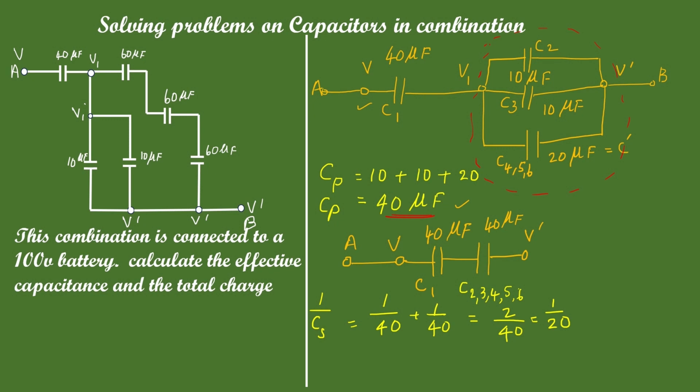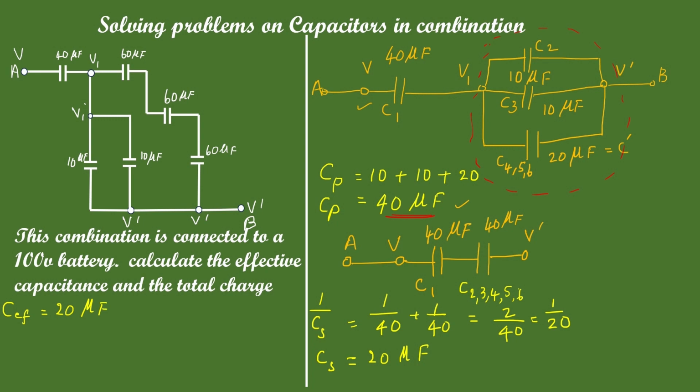So finally we have this effective capacitance for this whole circuit, which is Cs equal to 20 microfarad. So we will note the answer for the first section. Effective capacitance C effective is equal to 20 microfarad.